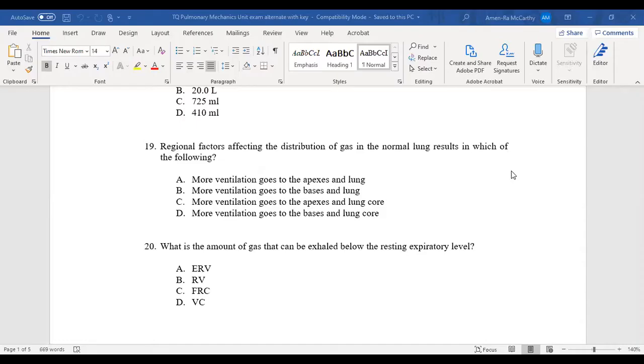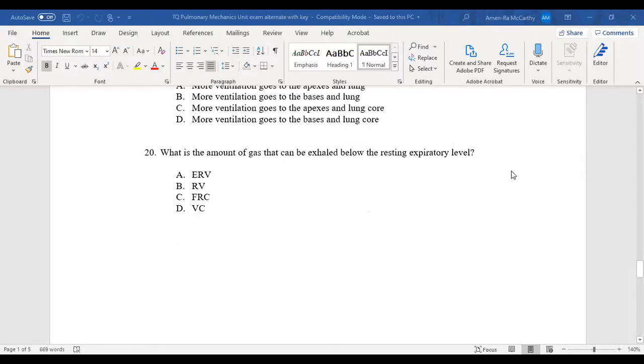It should be 4 times as much more ventilation to the bases and 20 times more perfusion to the bases. Okay. All right. Last one.